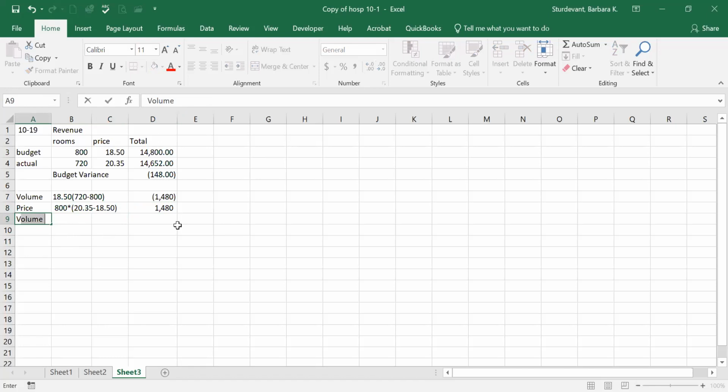And then you have your volume price variance. You simply bring down the parentheses. So it would be the 720 minus 800 times 20.35 minus the 18.50. Okay.